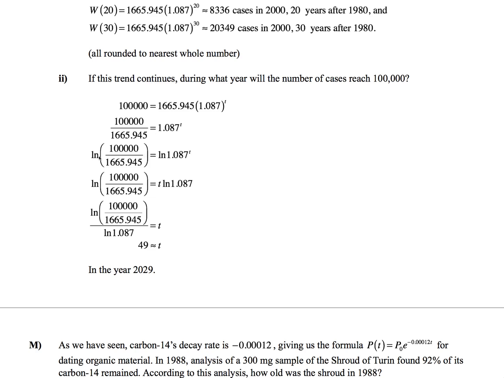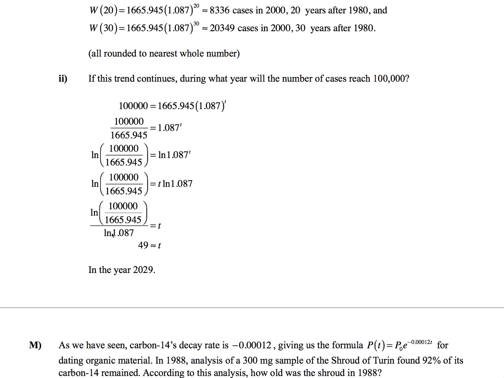Then you take the natural logarithm. You could use the common logarithm, but I like the natural logarithm. You take the natural logarithm of both sides here, and whatever this big nasty thing is, it's just a number.